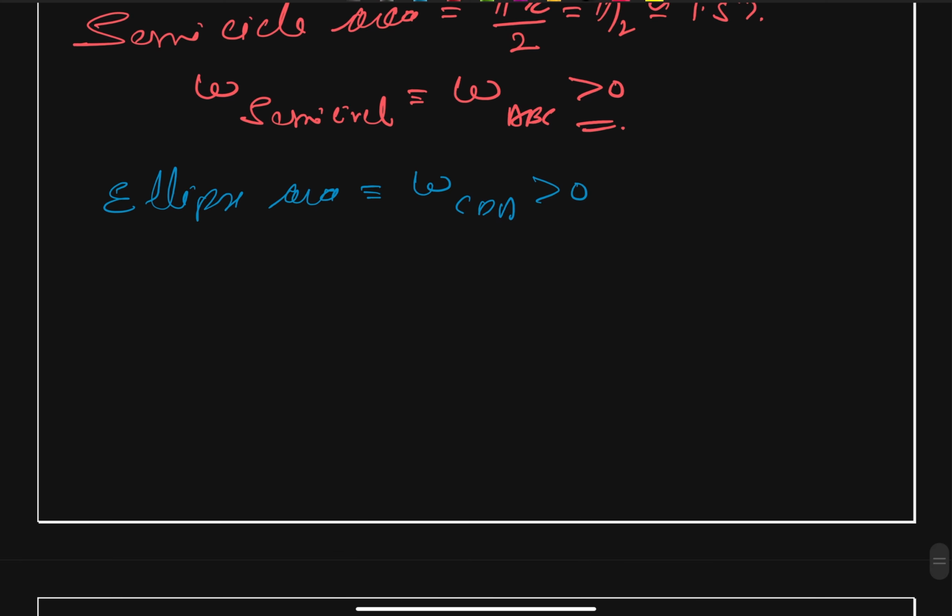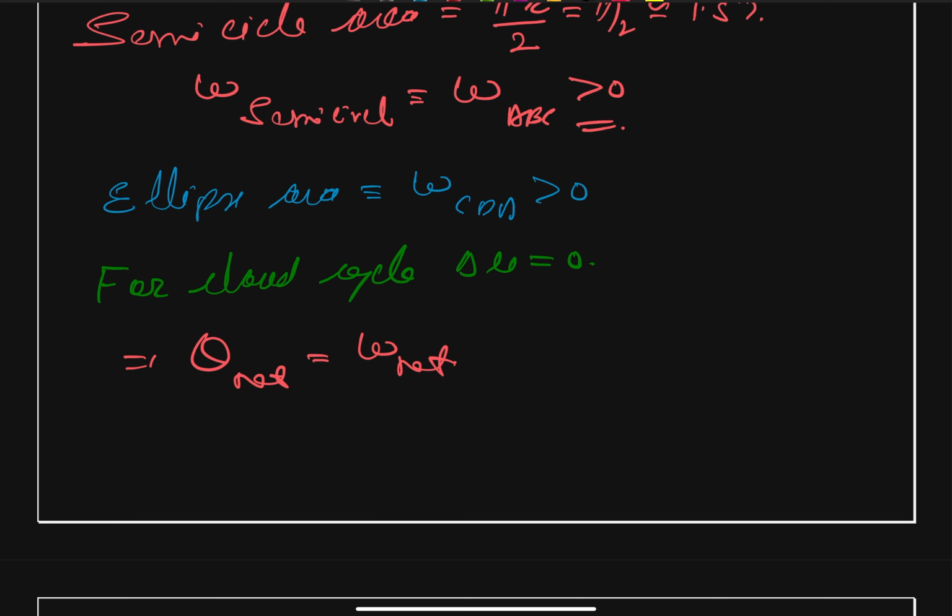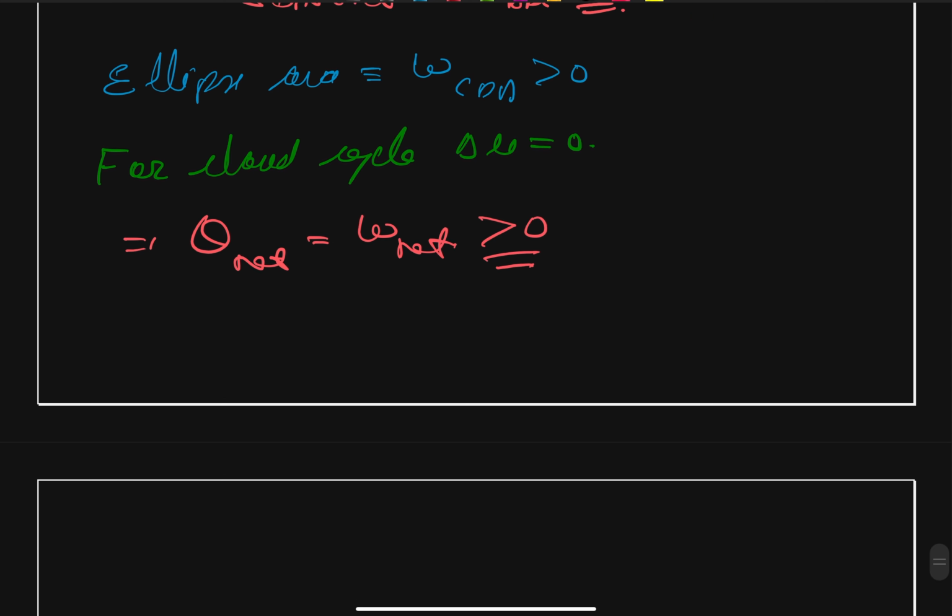And we know that for the closed cycle, we have delta U is equal to 0. Therefore our Q net will be equal to our W net, and which is greater than 0, or we can say positive.